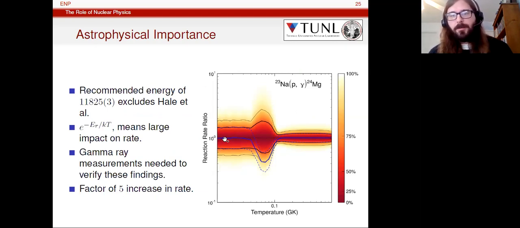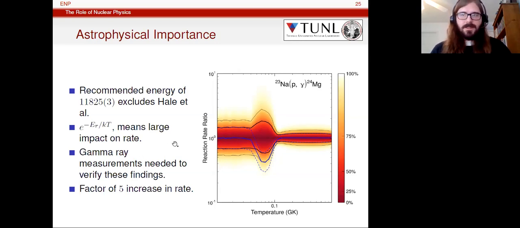And on the right here, what I'm showing is the reaction rate as a function of temperature, and it's been normalized to its median. So this is just showing the uncertainties that exist from the nuclear inputs. So these are just uncertainty bands around the median rate. And the blue line is the previous rate, and so we can see that the blue rate's uncertainties basically disagree with where the new rate is, and that shows the importance of these kind of energy measurements.